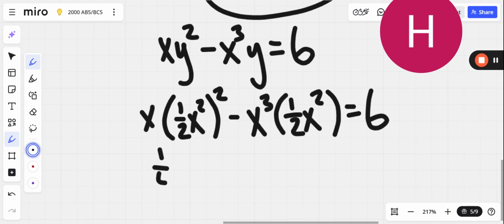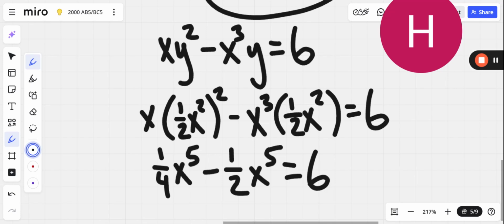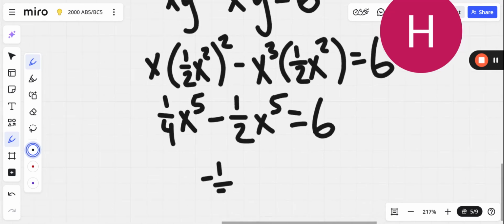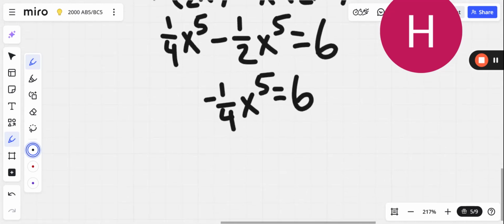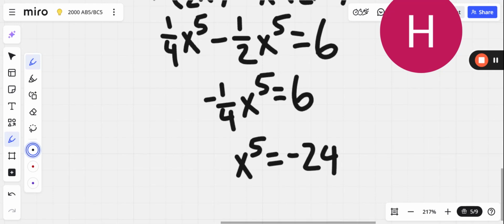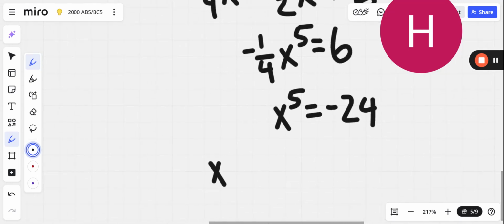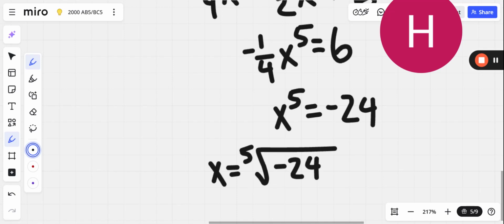So we're going to have 1/4 x to the 5th minus 1/2 x to the 5th equals 6, which gives us negative 1/4 x to the 5th equals 6. Multiply this by negative 4 on both sides, and we get x to the 5th equals negative 24, which means x equals the 5th root of negative 24.